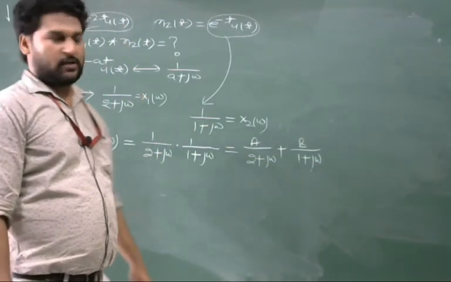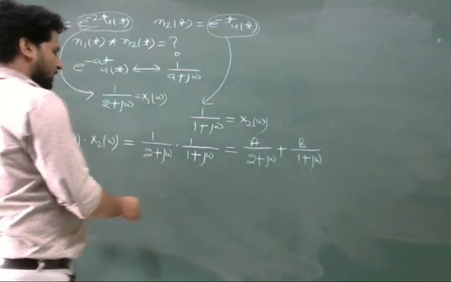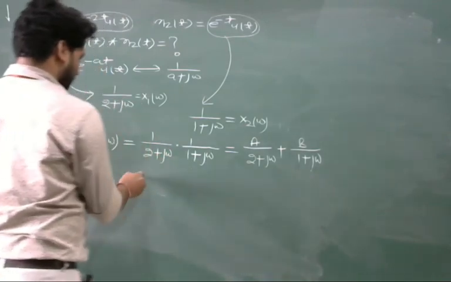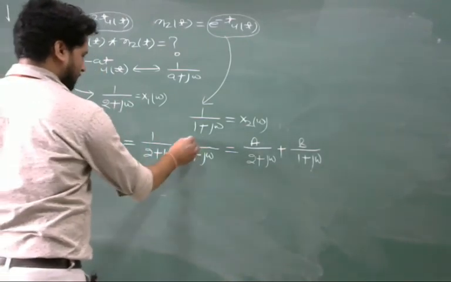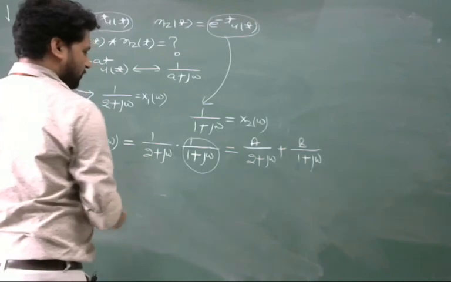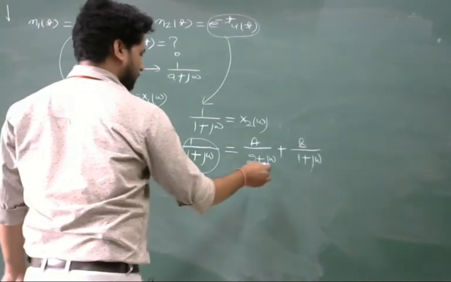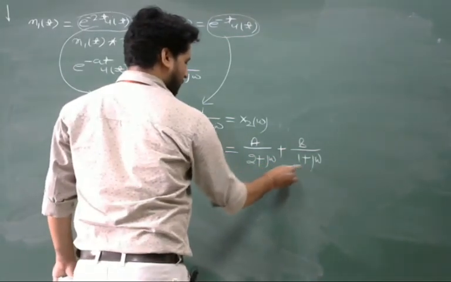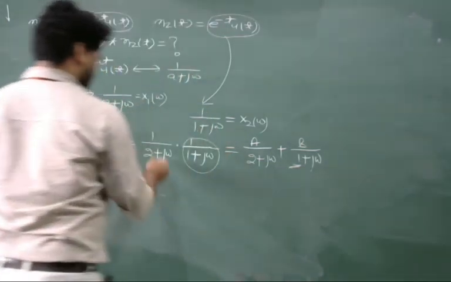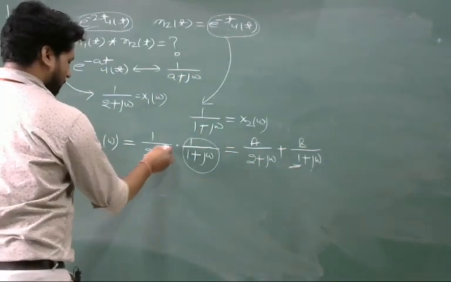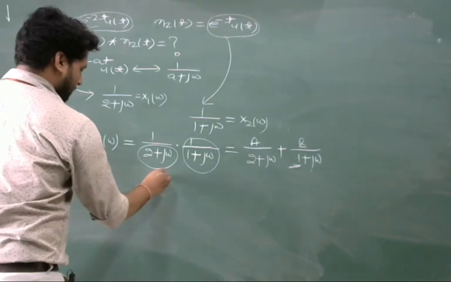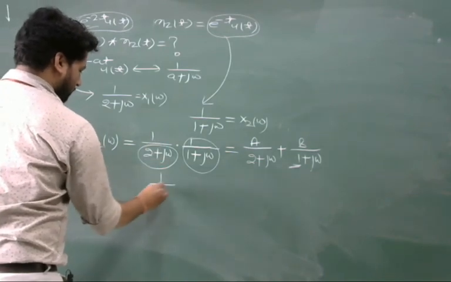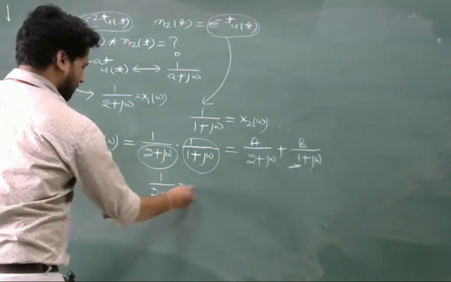When we put j omega equal to minus 1, hide this term, to get the value of B. When we put j omega equal to minus 1 here, this will become 1 upon 2 minus 1, and this will be equal to 1.